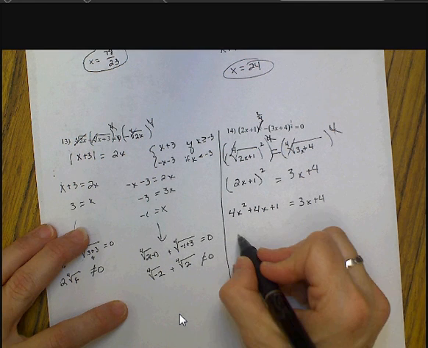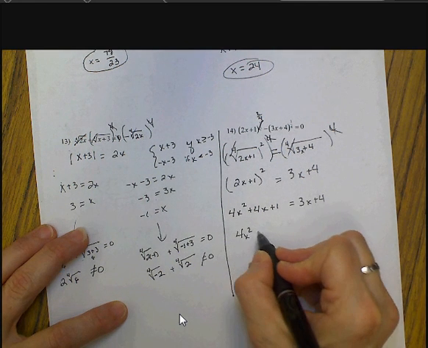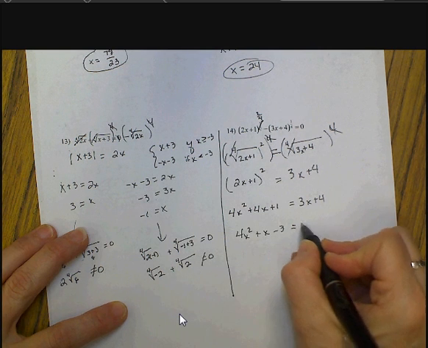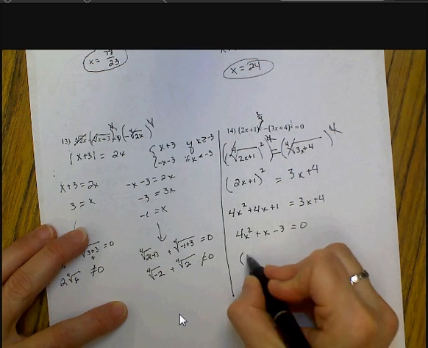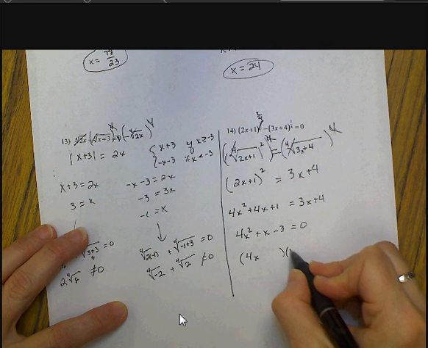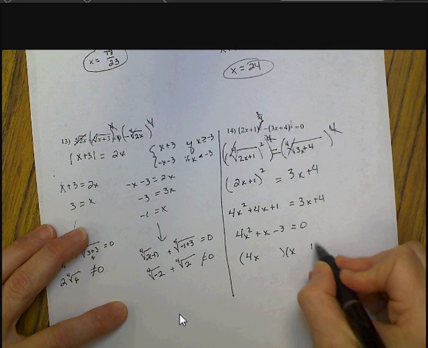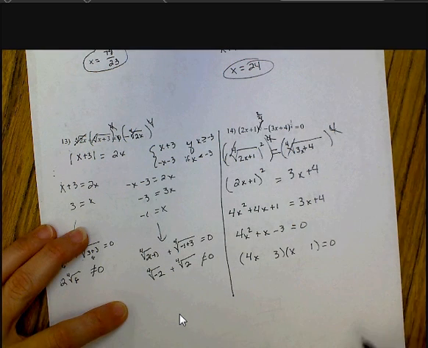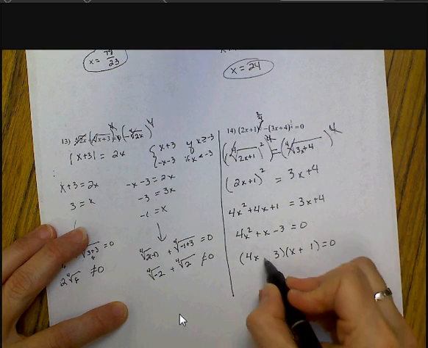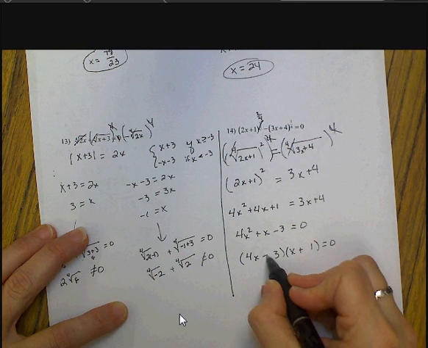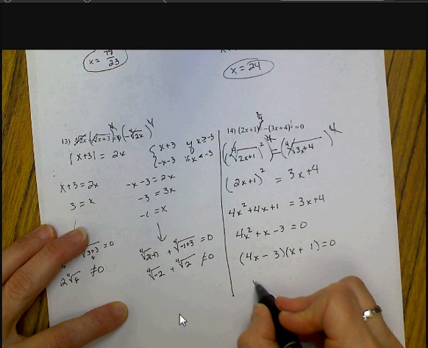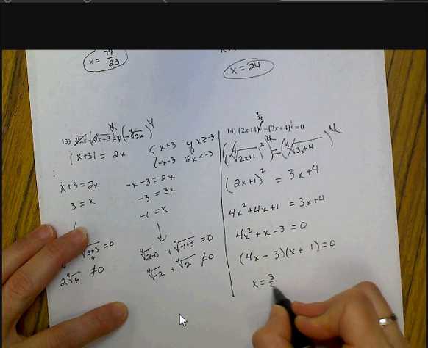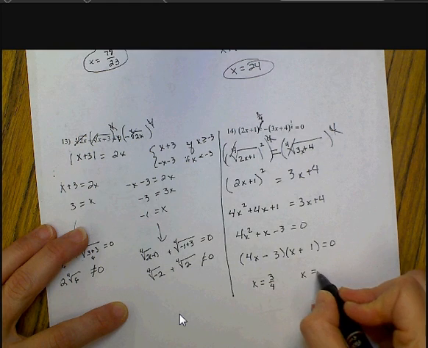When I subtract that over, that's 4x squared plus x minus 3. Always good to try to factor. This one does indeed factor. Look at my signs. I know that's our setup. I believe that's plus, so I get a positive 4 minus 3. And x winds up being 3 fourths. And x winds up being a negative 1.